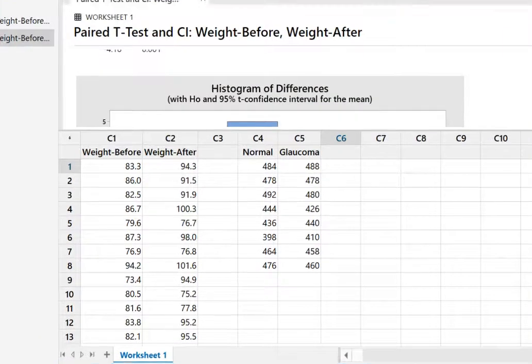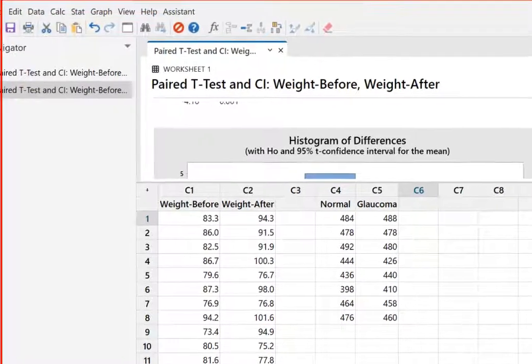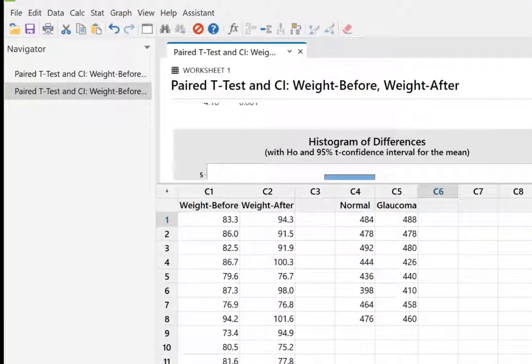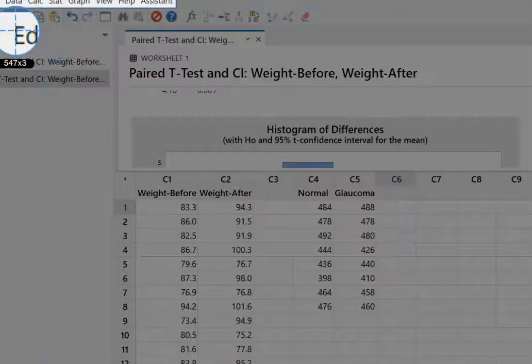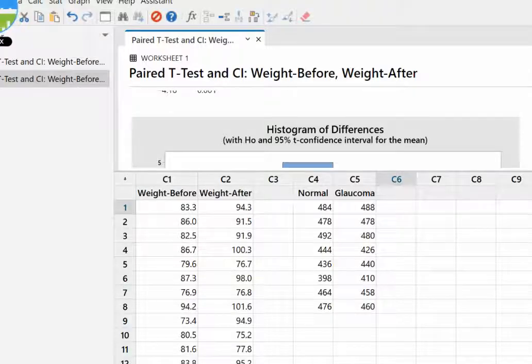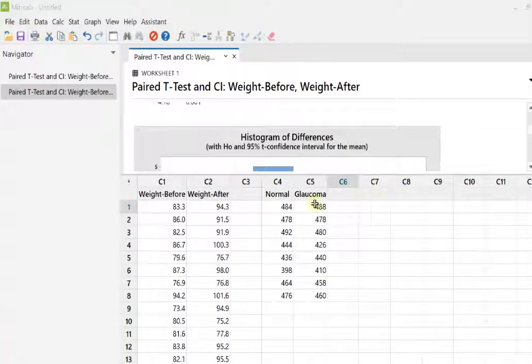So let me again activate. I may be able to do this and get away with it. Yeah. Now let me change that viewing window. I'm going to go all the way from corner to this corner. Okay. So let's do a paired t-test on normal versus eye with glaucoma.